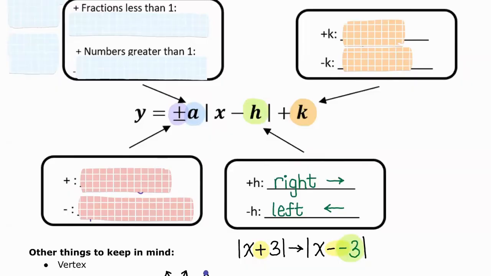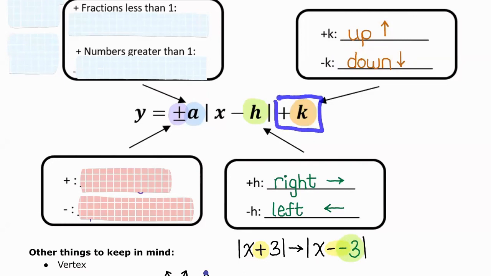Hopefully you saw when K was positive, it shifted the graph up, and when K was negative, it shifted it down. And one way I remember that is because K is on the outside of these absolute values, it's taking this entire graph and then moving it up or down. So maybe that can help you.